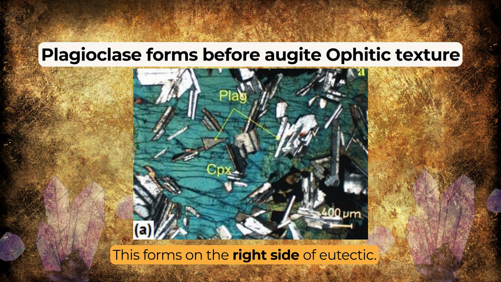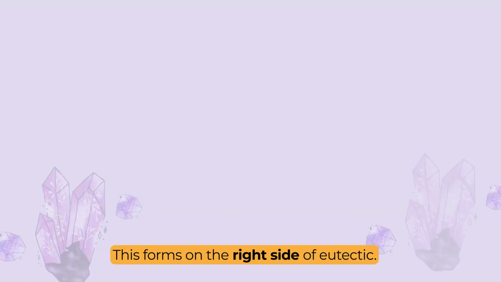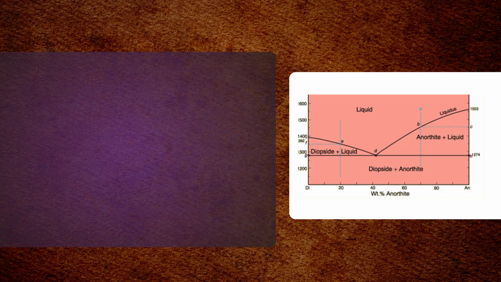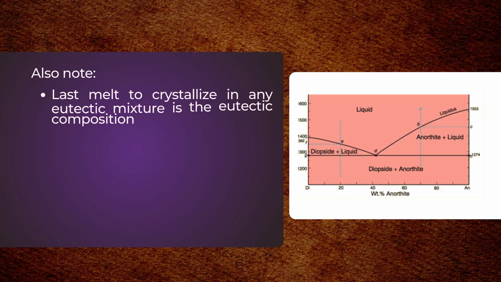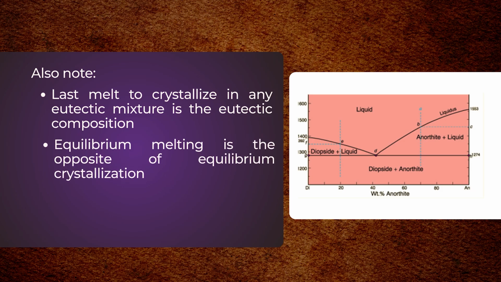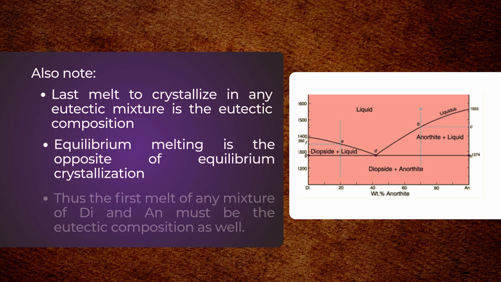This forms the right side of the eutectic crystallization. The last melt to crystallize in any eutectic mixture is the eutectic composition. Equilibrium melting is the opposite of equilibrium crystallization. Thus, the first melt of any mixture of diopside and anorthite must be the eutectic composition as well.